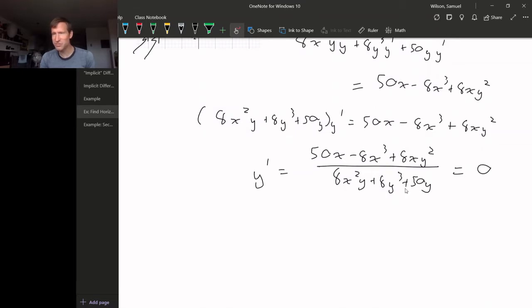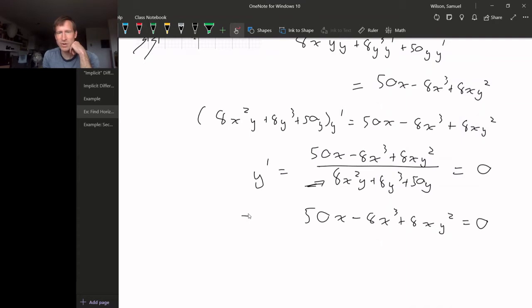the first thing we can do is just clear the denominators, right? Multiply both sides by this entire denominator. On the right-hand side, it just gets eaten up by the 0. So that leaves us with the equation 50x minus 8x cubed plus 8xy squared equals 0.